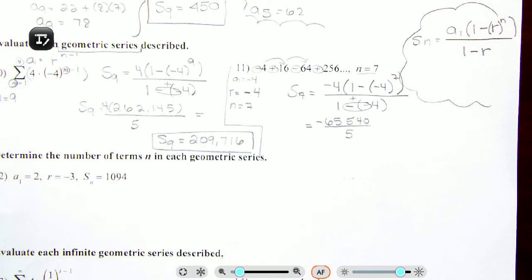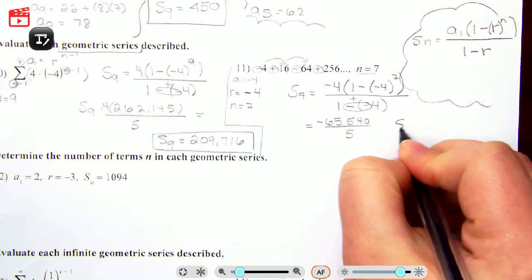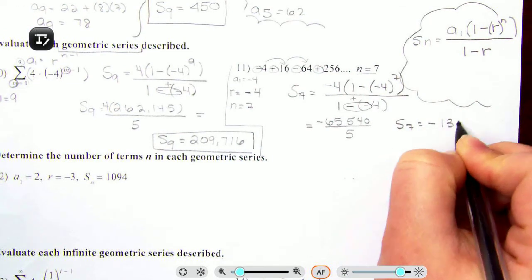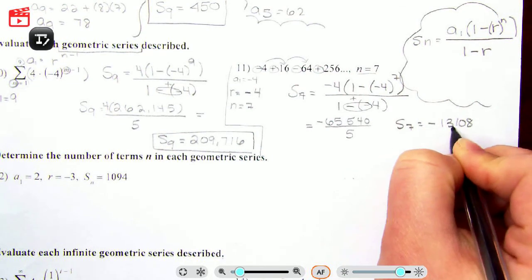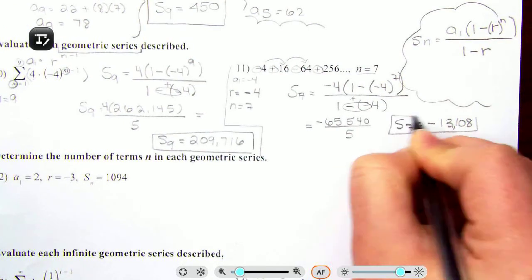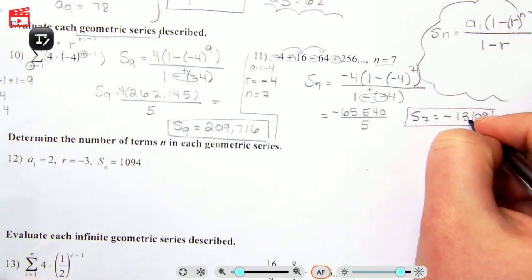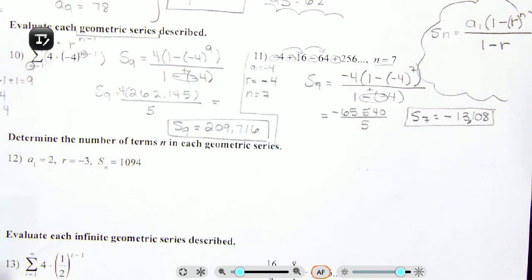And that gives me, for the sum of the 7 terms, negative 13,108. And that's a comma, not a decimal comma, right?